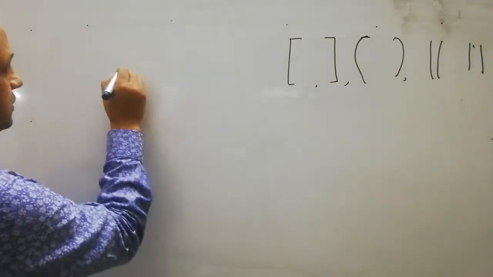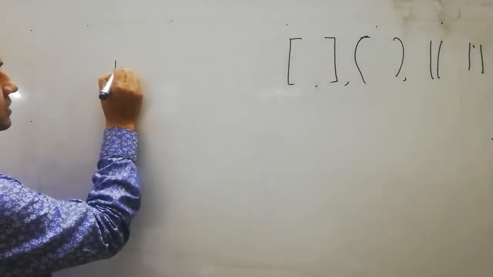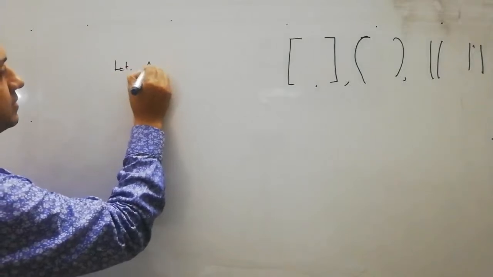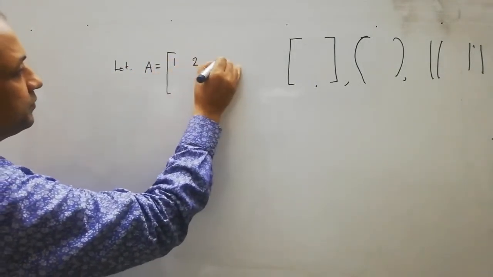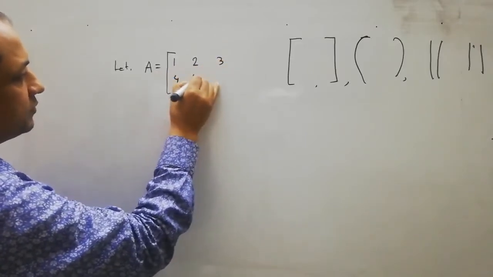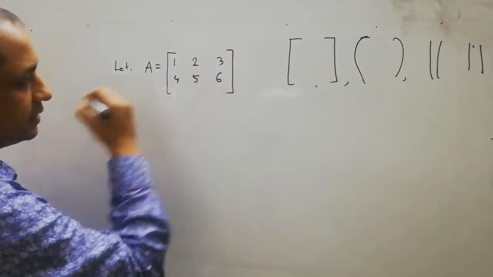So let A be a matrix: 1, 2, 3, 4, 5 and 6.